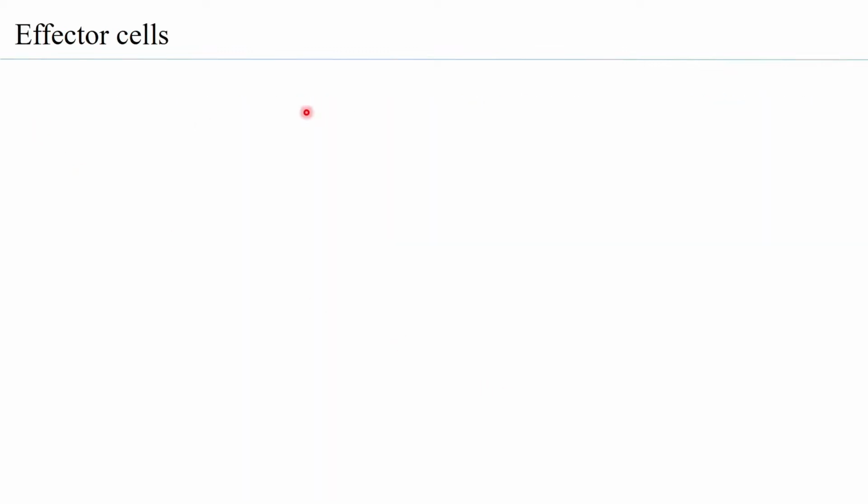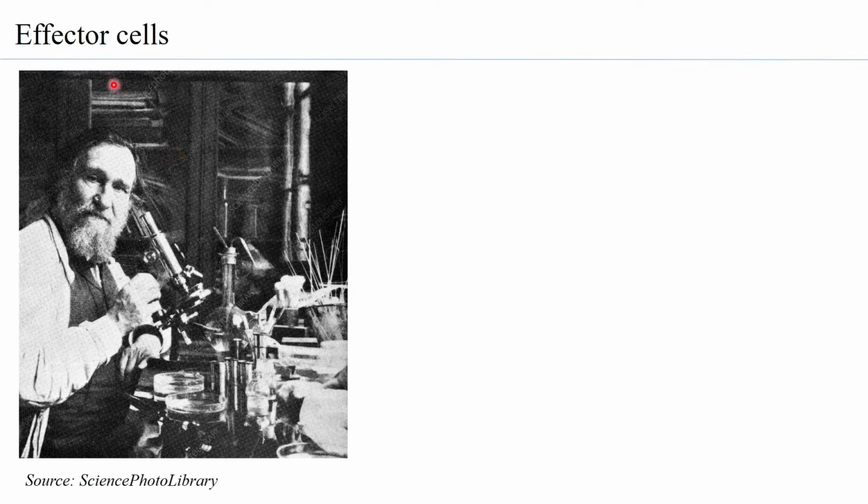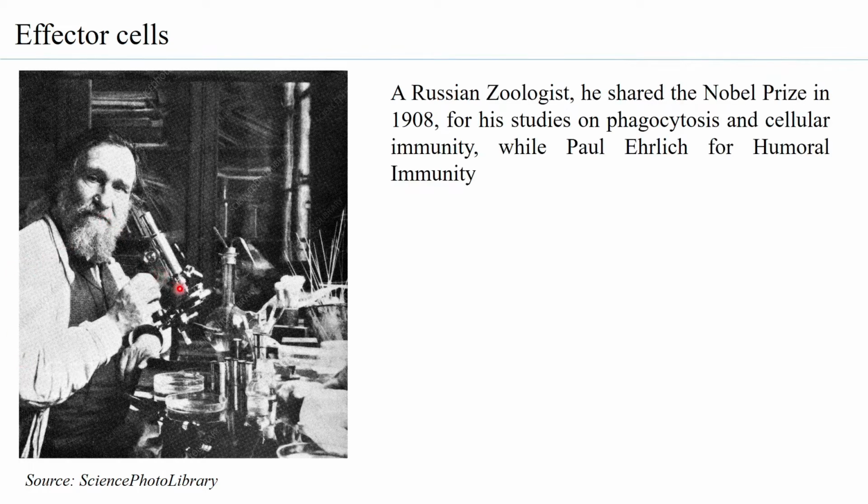So let us understand what the effector cells are. In fact, the effector cells were first discovered or identified by Elie Mechnikov, a Russian zoologist, who shared the Nobel Prize in 1908 for his studies on phagocytosis. Many people were studying this, and they found that there are cells that can take up particulate matter, and therefore they began understanding what is called endocytosis and pinocytosis.